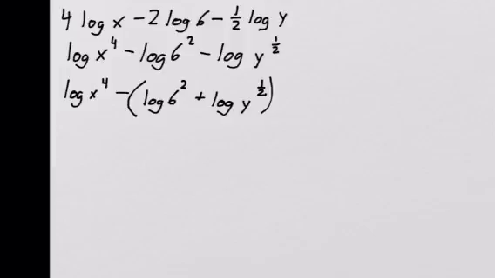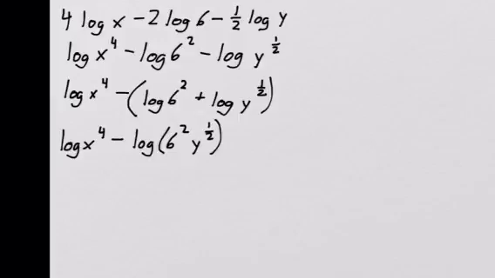Well, now I can apply the product rule to what's inside of those parentheses. So I have log of x to the 4th minus log of 6 squared times y to the 1/2.